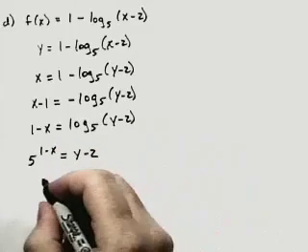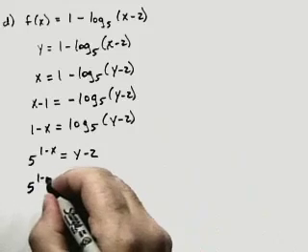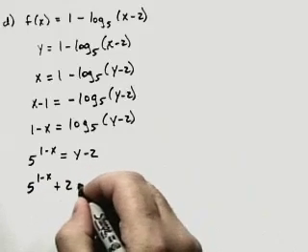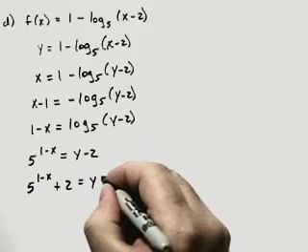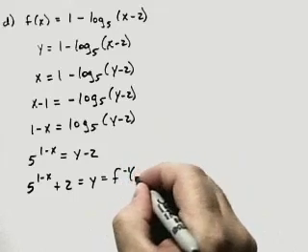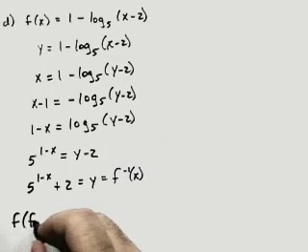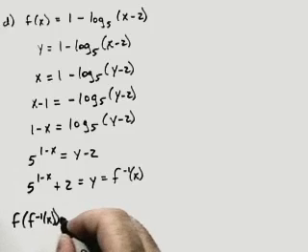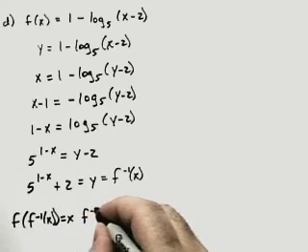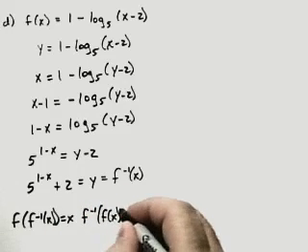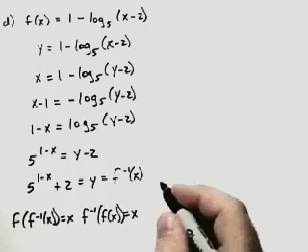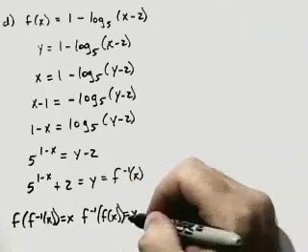And then solving for y, we get 5 to the 1 minus x plus 2 is equal to y, which is our inverse function. And we should verify that f of f inverse of x is equal to x, and f inverse of f of x is also equal to x. We'll leave that check up to you.